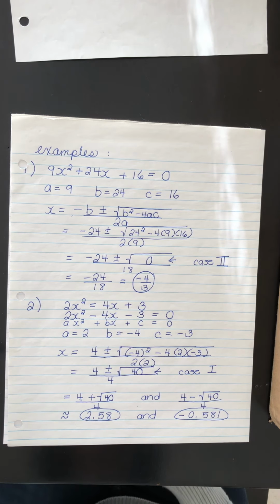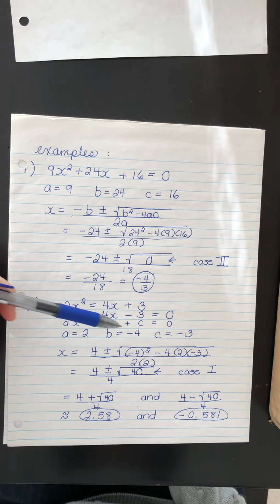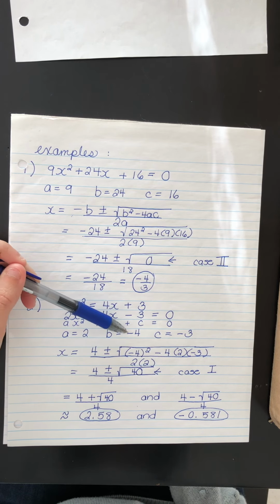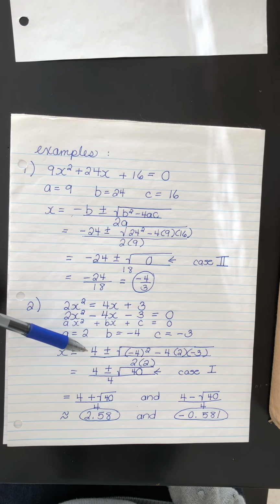Now when you substitute into the quadratic formula, it's a little bit tricky if the B value is negative. The negative of negative 4, of course, will be positive 4 out front here.